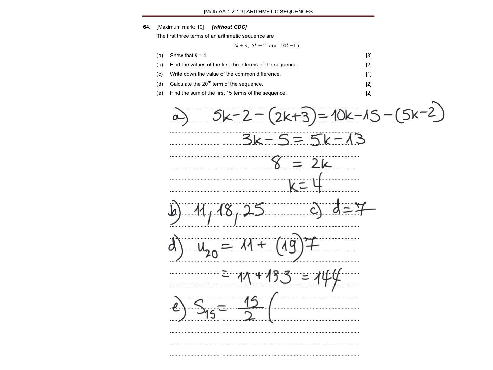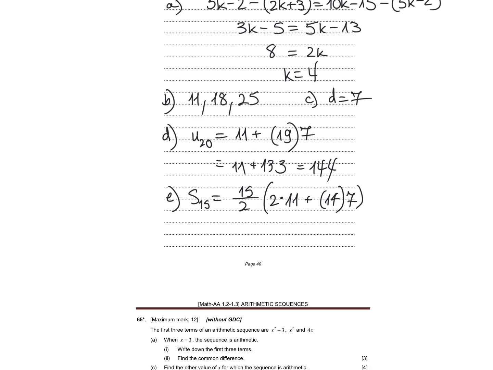So 15 over 2 times 2 times u1 plus n minus 1 times the difference. So when I distribute the 2, that's going to be 11 plus half of 14 is 7, so 49. So that's going to be 60 times 15, which is 900.